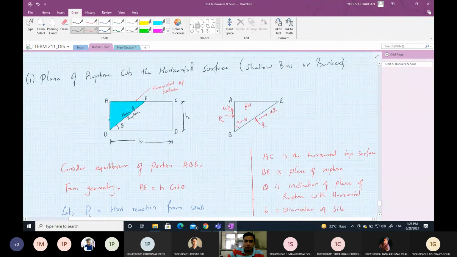This is the frictional force along the plane of rupture, and this R is the normal reaction along the plane of the rupture.